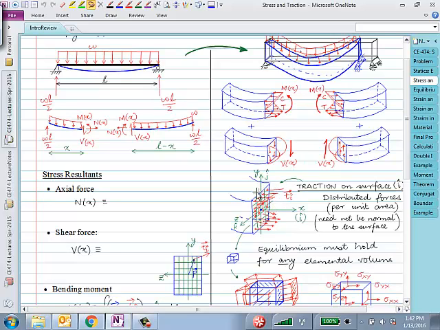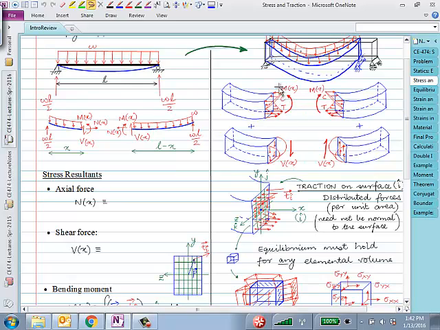The sum, or the resultant, of all of these forces is what are axial force, shear force, and bending moment. So with that in mind, let me first try to define axial force, the net axial force on a cross section. So let me ask you this.